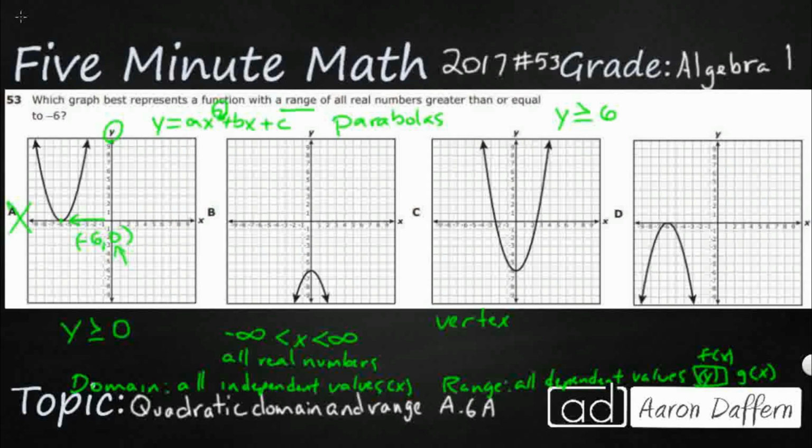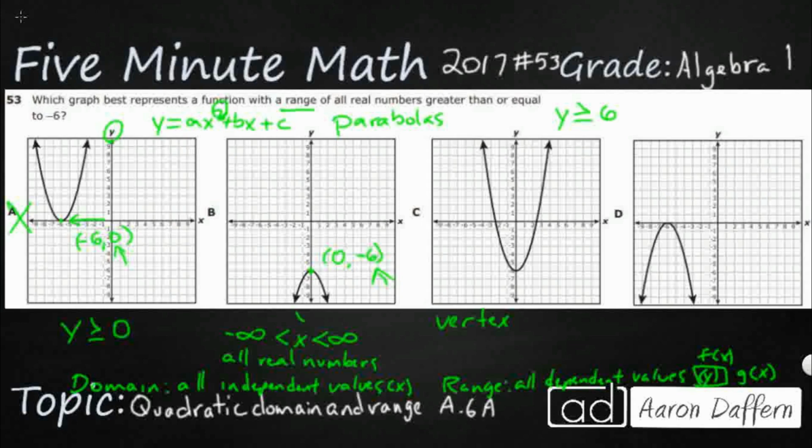So thankfully, on B, take a look at this right here, we do get at least a -6. So our y value is -6, which is what we're looking for, but look, y, that's the height of our parabola, that's the top point. That vertex, everything else is below.